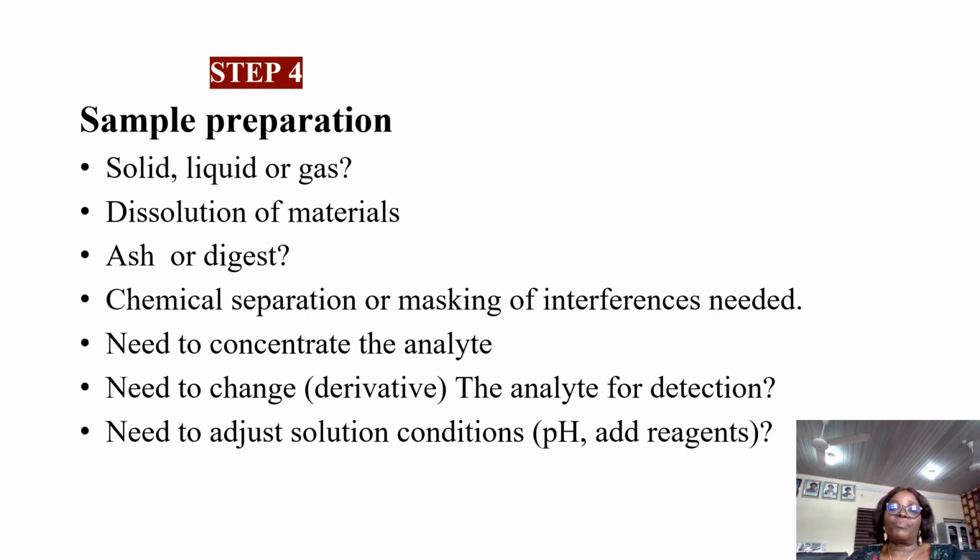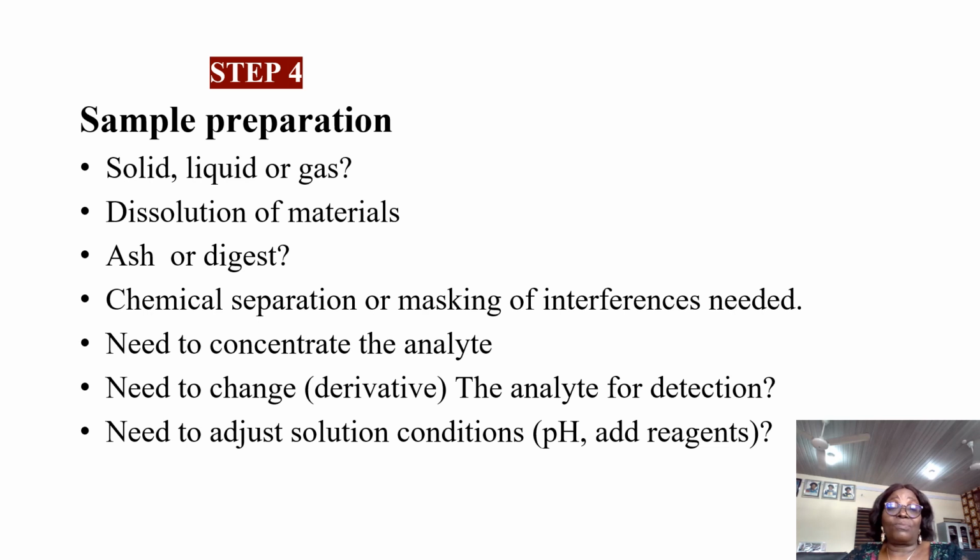Step 4. Sample preparation. You check your sample. Is it a solid, a liquid, or a gas? Assuming you are working with a solid sample, you have to dissolve your material. You dissolve it first with water at room temperature. If it does not dissolve, you further dissolve with warm water. Try heating it up. If it still does not dissolve, then your sample may dissolve in non-oxidizing acids, which are dilute acids.